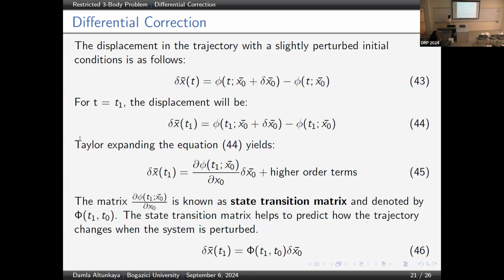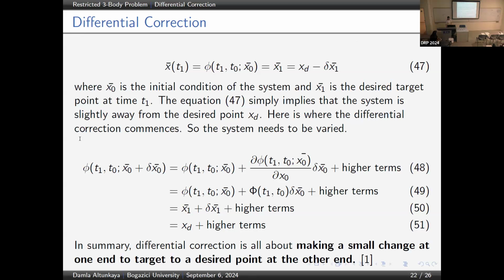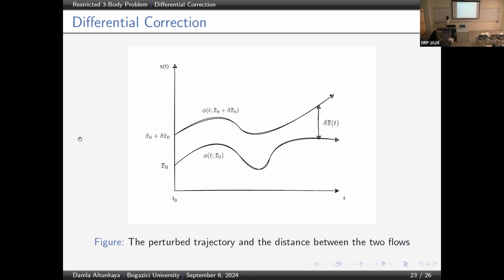Unless you find the state transition matrix, you cannot apply the differential correction. The motivation is that when you perturb your system a little bit, you want your system to be approached a little bit to the Newtonian orbits. Initial condition, my perturbed condition, and the distance between them.